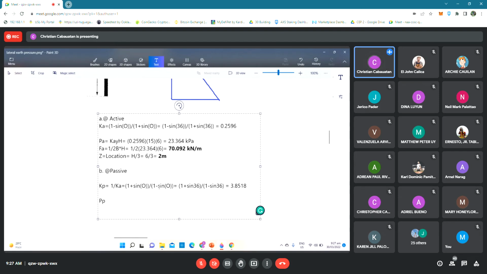Or the pressure in passive state. Therefore, it is Kp times your gamma and your height. Your Kp is equal to 3.8518, times your gamma, which is 15. Your height would be 6 meters.